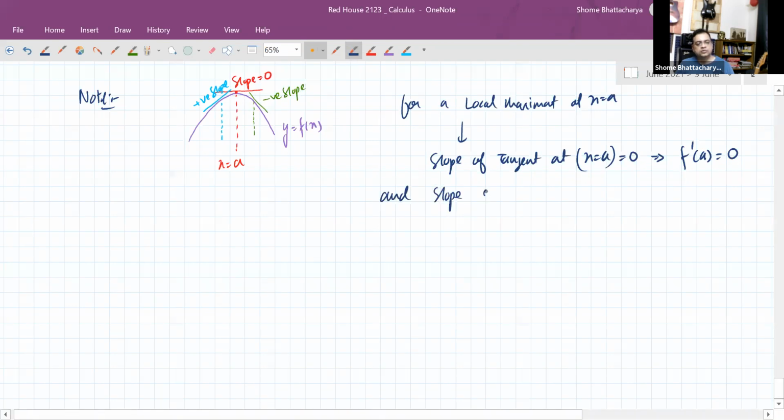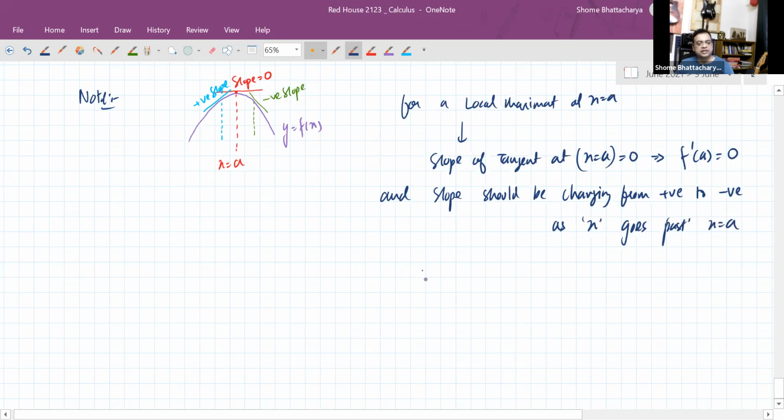The slope should be changing from positive to negative as x goes past x equal to a.